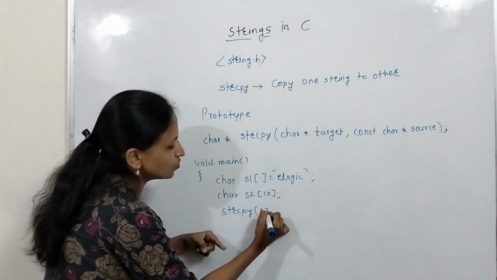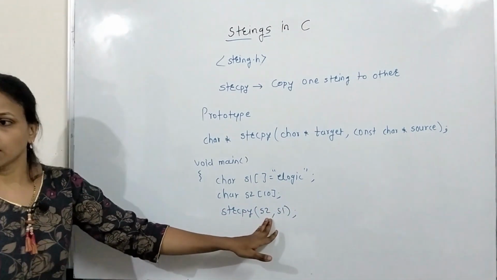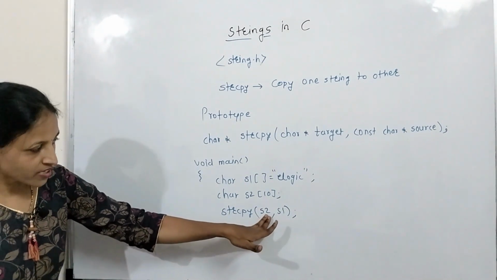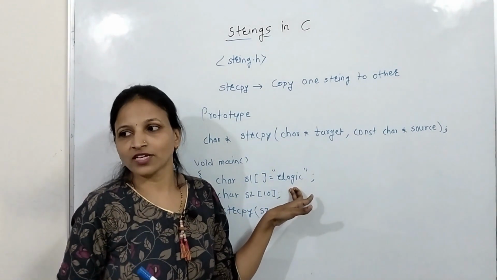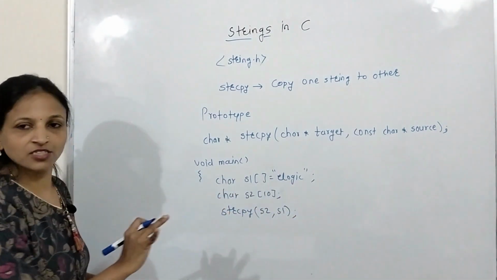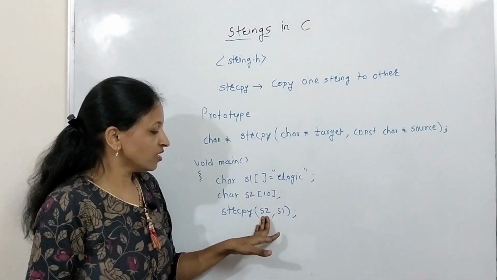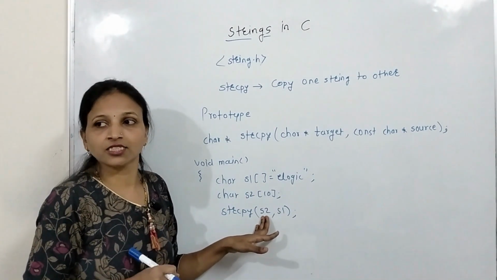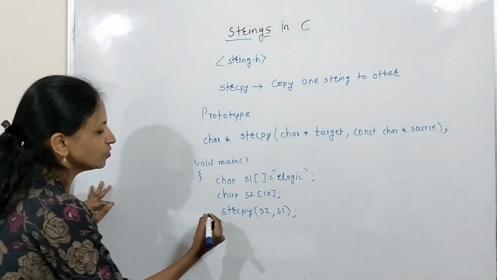That's why I write s2 then s1, that's it. Now after doing this, if you display the contents of s2, then you will get the same contents as s1. This is nothing but how to copy contents of one string into another. Always keep in mind you have to first give the target string, meaning destination, and then the source string. This format you have to apply.